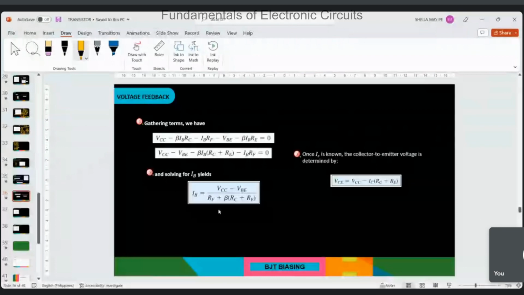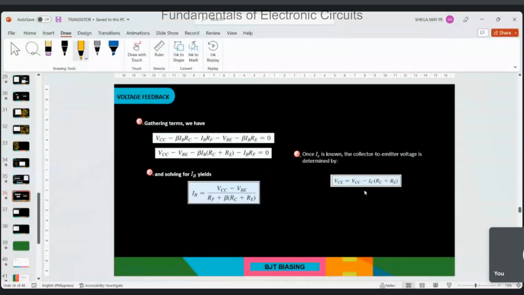Now, once IB is known, we can get IC, which is beta IB. Now, once IC is known, the collector to emitter voltage is determined the same as in the voltage divider: VCE equals VCC minus IC times RC plus RE.